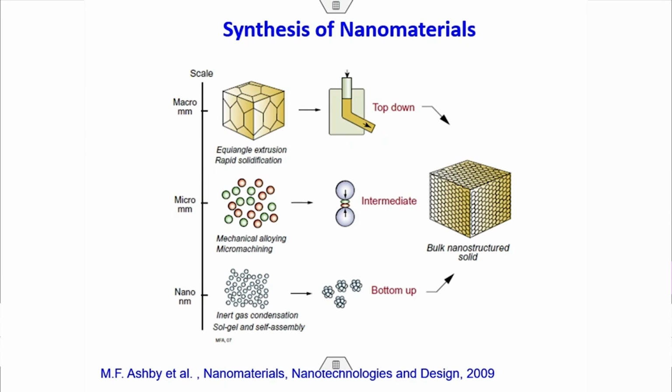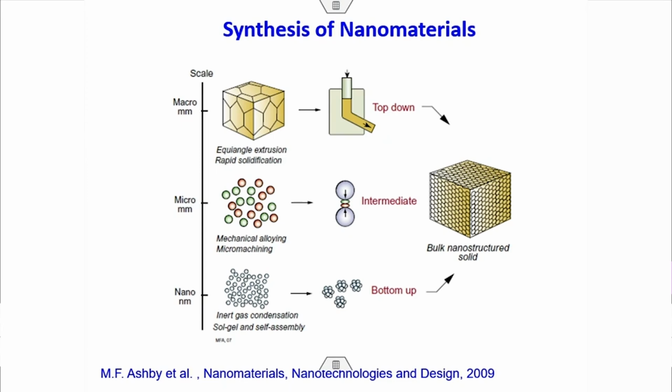Top down means we start with a big material, large grain size, and break it down to smaller ones. Bottom up means start with molecules, molecules come together, join to form clusters, and the clusters lead to formation of nanomaterials. Or you can also have intermediate things like mechanical alloying or micro machining.